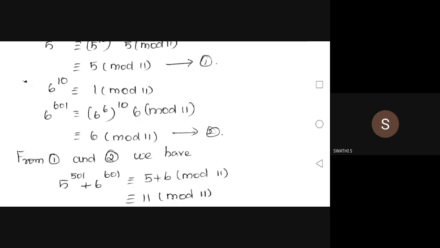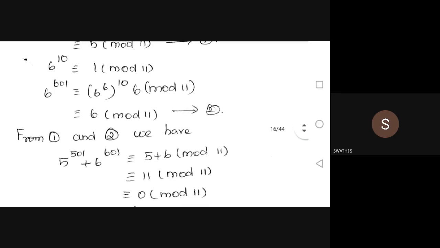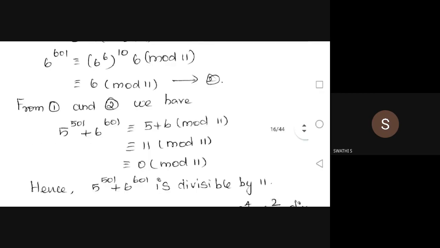So 5 power 501 plus 6 power 601 is congruent to 0 mod 11, which means when it is divided by 11, we get the remainder 0. Therefore, 5 power 501 plus 6 power 601 is divisible by 11. So we have proved it.